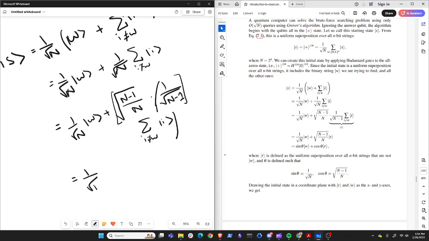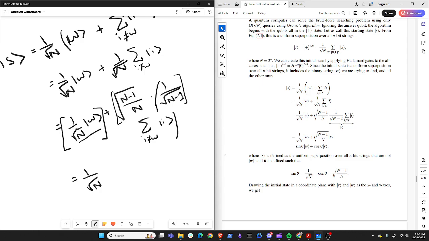I'll pause for a second here, to make sure my train of thought is not disrupted, and also to make sure that no one else is lost. This is the probability of getting the winner: 1 over square root of n of our original superposition.